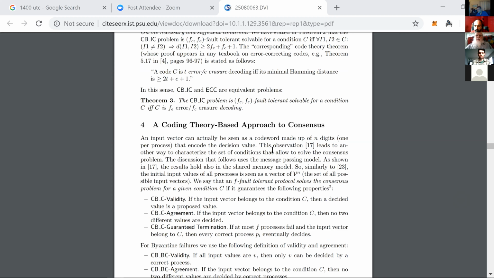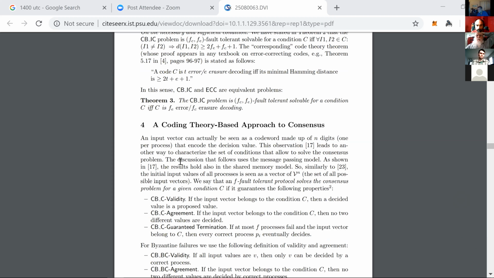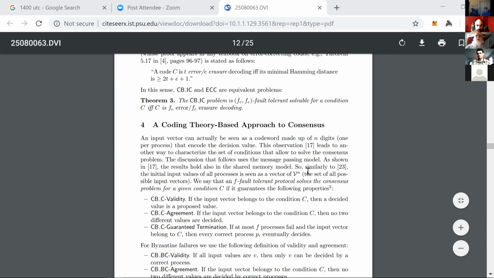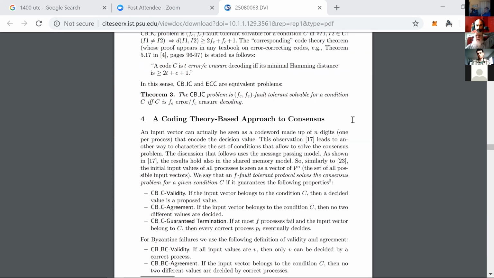See, they say here that this observation of this input vector leads to another way to characterize the set of conditions that will allow to solve the consensus problem. So the vector that we provide is our guarantee that we will achieve consensus.